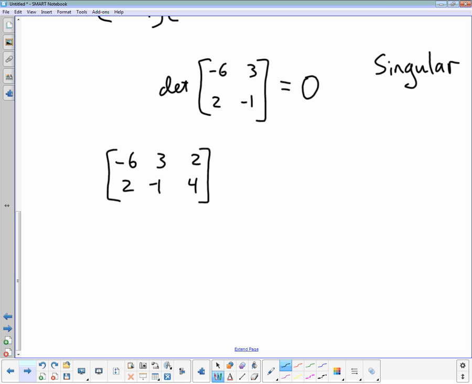If I attempt to row reduce that, let's see what happens. You do it. Attempt to row reduce that. Let's see what you get. Solve them. Yeah, reduce the matrix like your homework was.